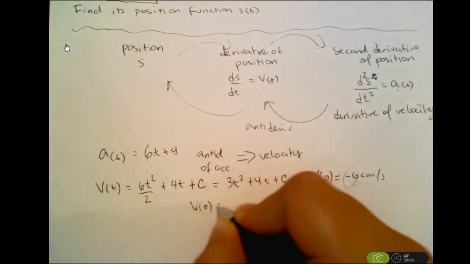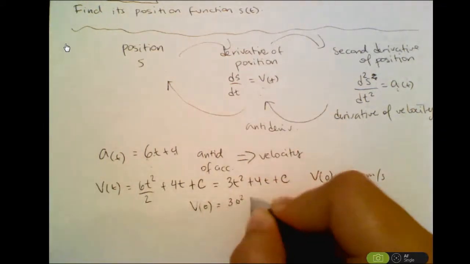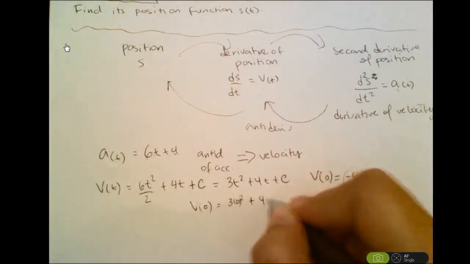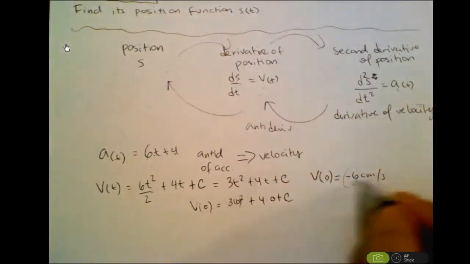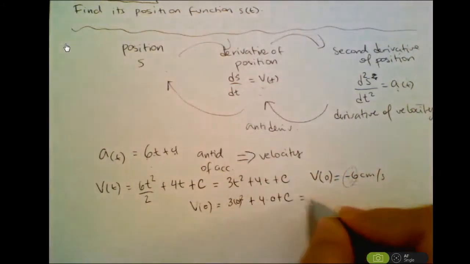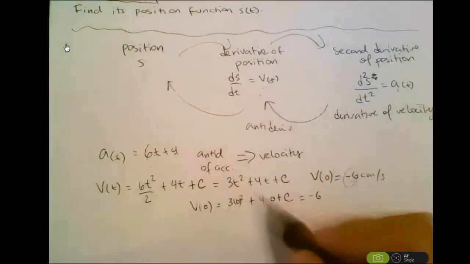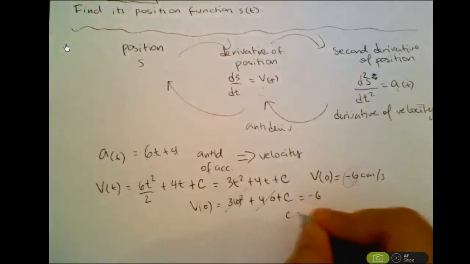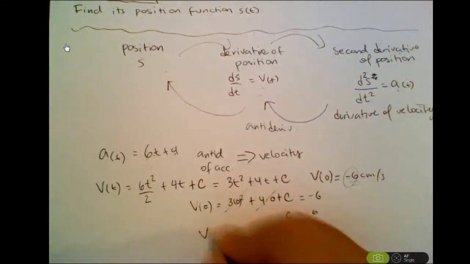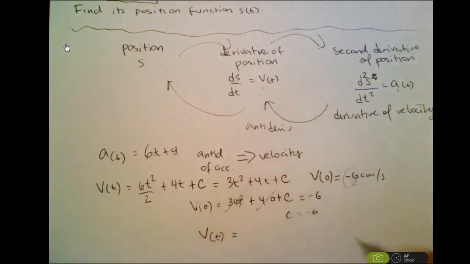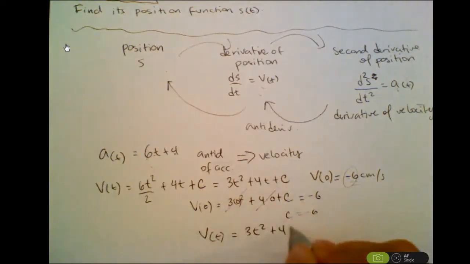V of 0 is 3 times 0 squared plus 4 times 0 plus c, and I know that is -6. So this is 0, this is 0, so c is -6. So I know that velocity with respect to time is 3t squared plus 4t minus 6.